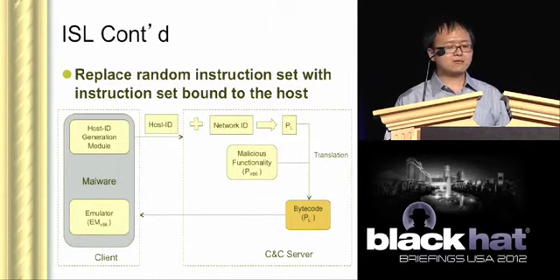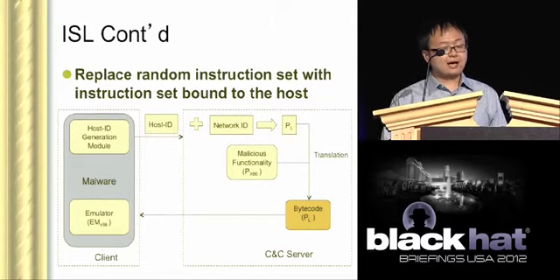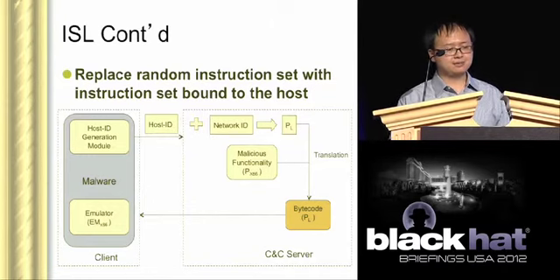So as you can see, if there is any difference between the runtime IDs and the infection time IDs, the ISA will mismatch and the task will be interpreted incorrectly. Again, we think ISL is very similar to existing instruction set virtualization techniques. So we see no difficulty for attackers to adopt this or come up with similar ideas.